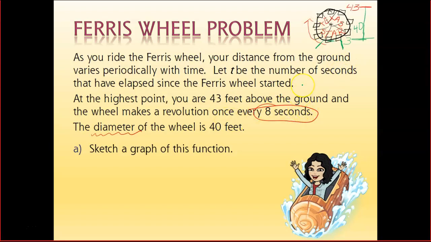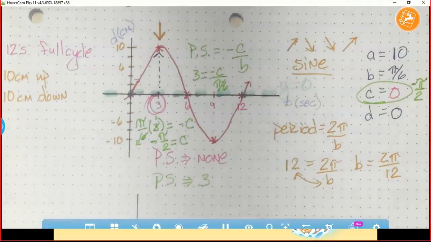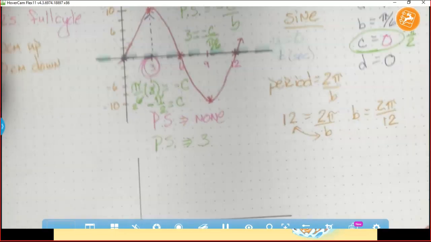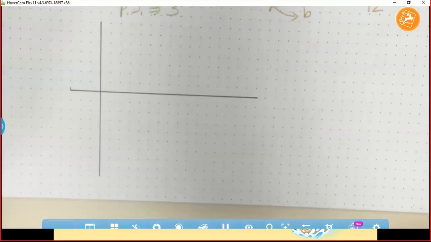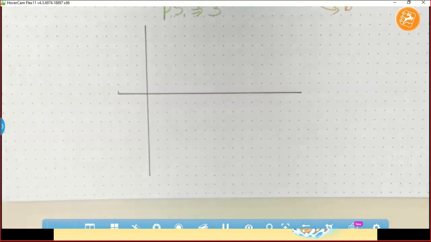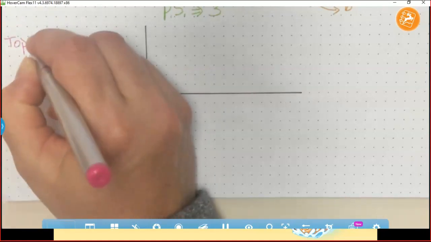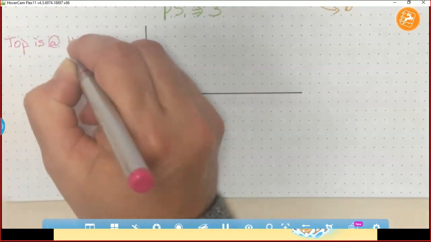So we know it's 8 seconds, we know the diameter of the wheel, we know the maximum height, we know the minimum. All right? So I'm going to go to my trusty graph paper. Let's see what's going on here. Here's what we know. Ooh, this is not very nice. So now we know that the top of the Ferris wheel is at 43.